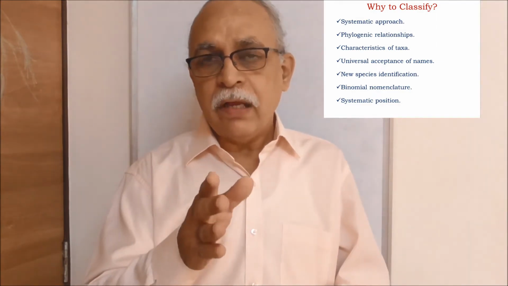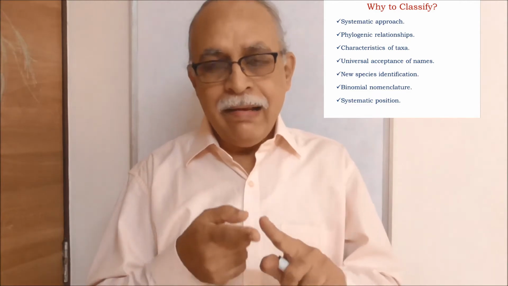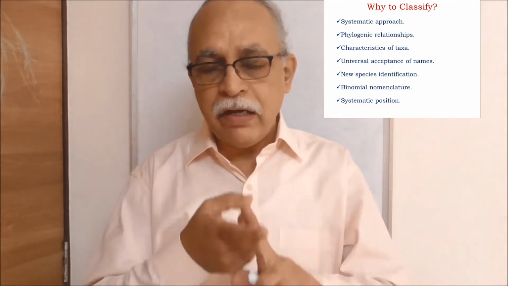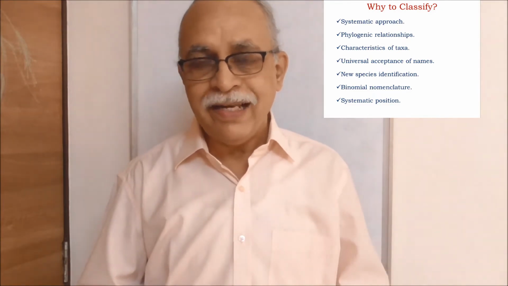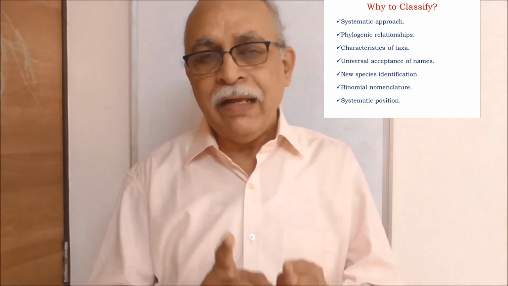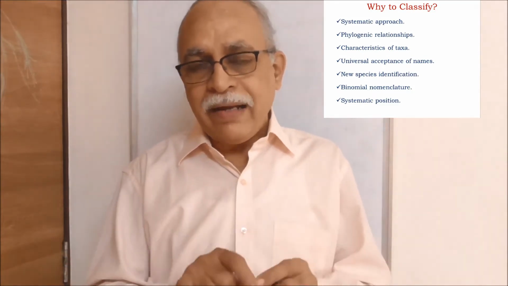Say for example, if I am studying a particular vertebrate, then that term vertebrate itself carries a few characters. It has to have a vertebral column, it has to have a cranium, it has to have red blood corpuscles, it has to have bilateral symmetry. So many features go along with a single term, that is vertebrate. So with the taxon you get to understand these.